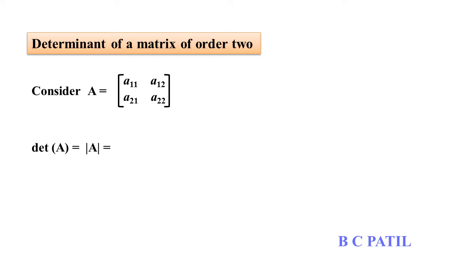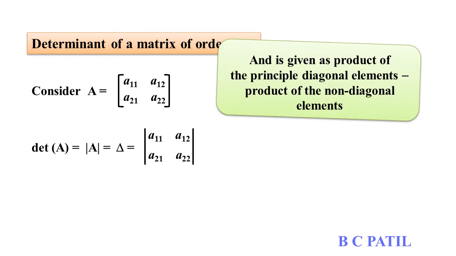Here what are the diagonal elements? a11, a22 are diagonal elements, a12, a21 are non-diagonal elements. So delta equals product of diagonal elements, that is a11 into a22 minus a21 into a12. This is determinant of matrix order 2 cross 2.